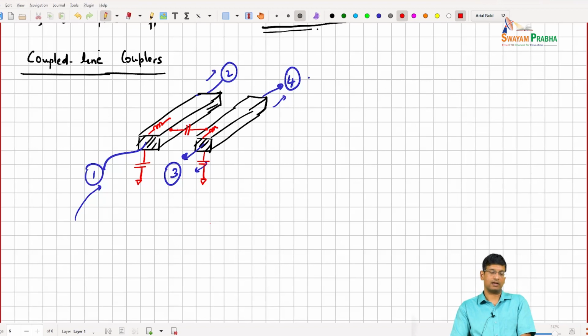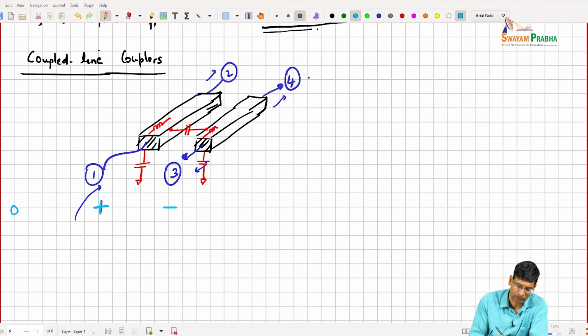So that's the structure that is there. Then let's consider two kinds of excitations, right? One where I'm applying an excitation that is plus at this port and minus at this port. So this is odd mode, right?